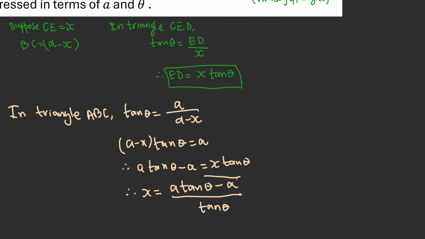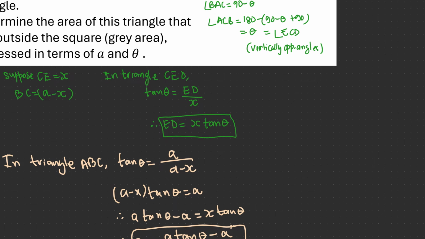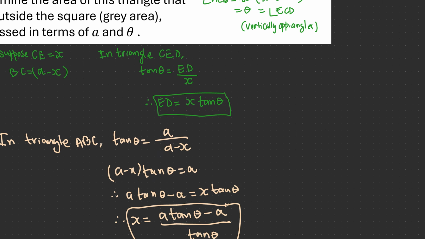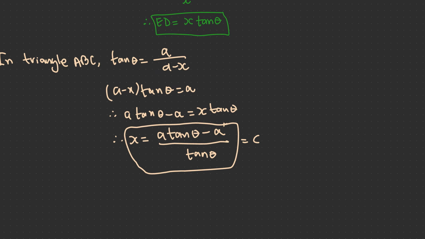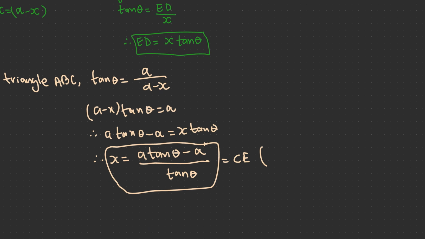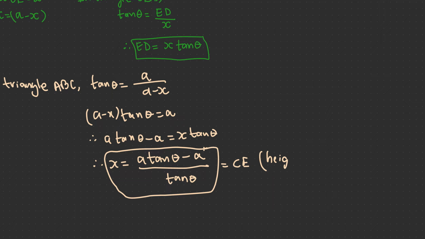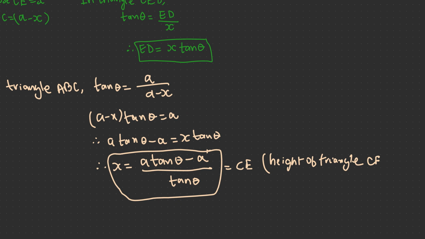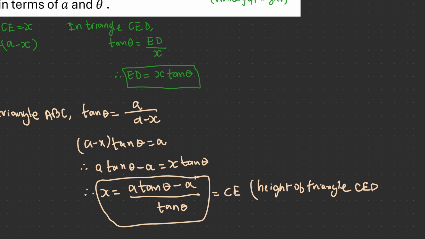So now we have the value of X. We can get what ED is. So therefore CE is equal to X. So we know what CE is. So that equals CE, which is the height of the triangle. Height of triangle CED. And then the base of the triangle is ED.